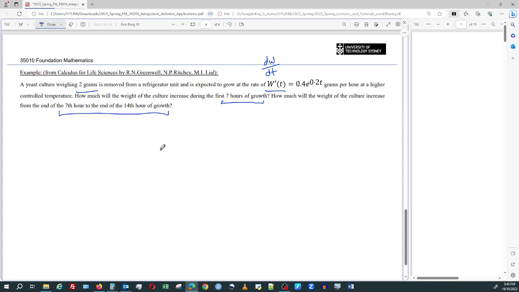So there's a couple of different intervals, isn't there? So we've got to integrate from the first hour our weight minus the weight at 0, which will be the integral from 0 to 7 of the differential of the weight dt, which is to say that we integrate from 0 to 7, 0.4 e to the 0.2t dt.